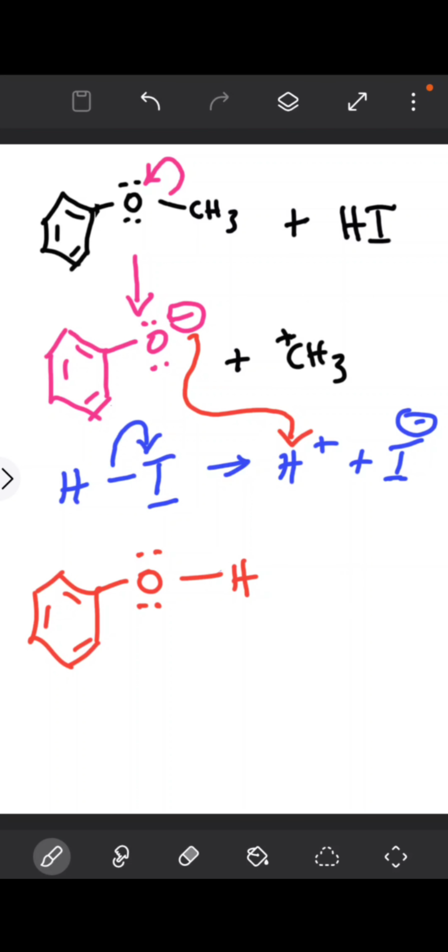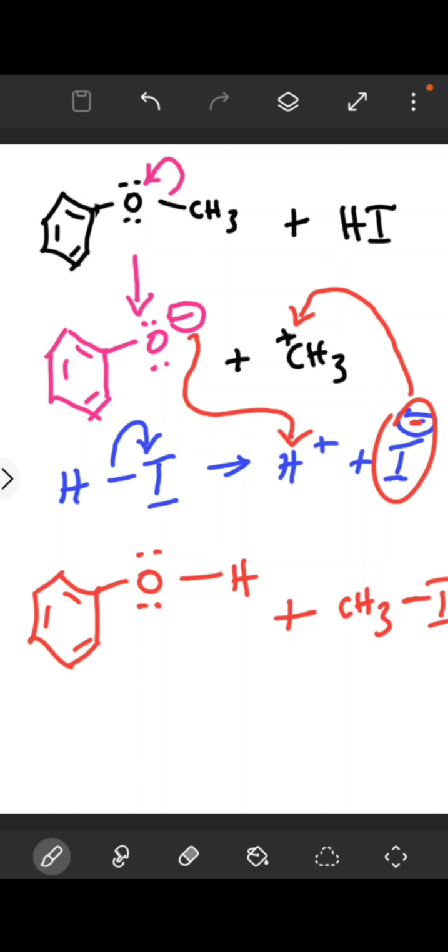Once that happens, we're going to have another product. You can see this iodide can donate its non-bonding electrons to form a covalent dative bond. So we're going to have CH3, this bond here, bonded to the iodide.